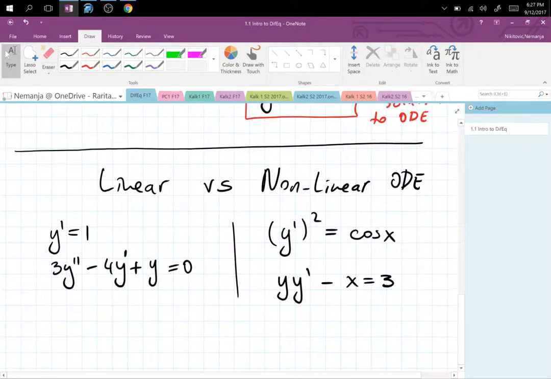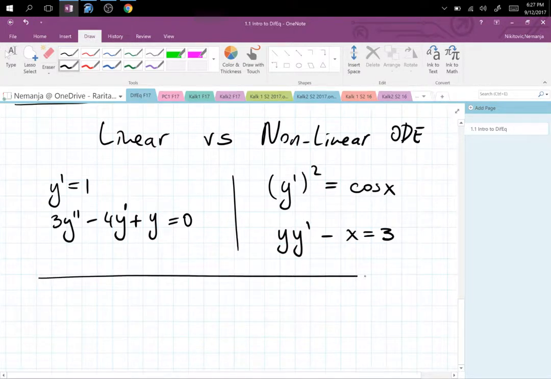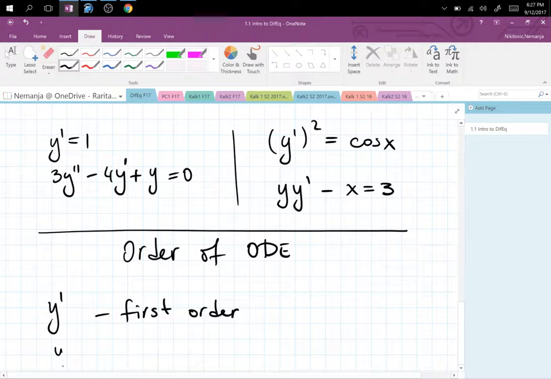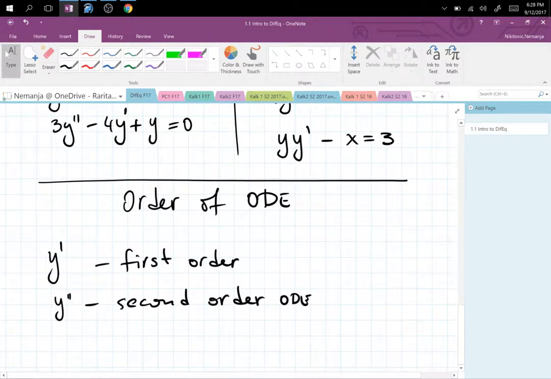We also have the order of an ODE, which would be first derivative, first order, so y prime, first order, y double prime, second order ODE, and so on.